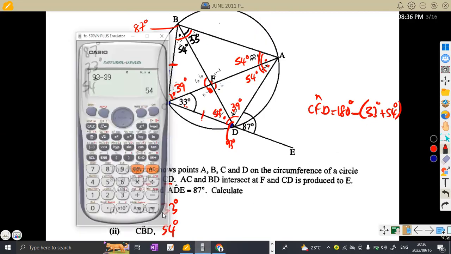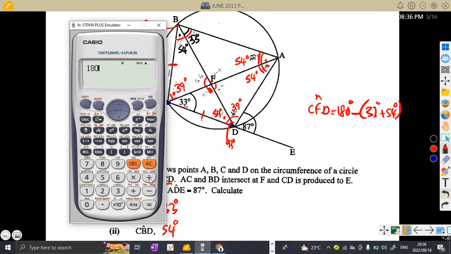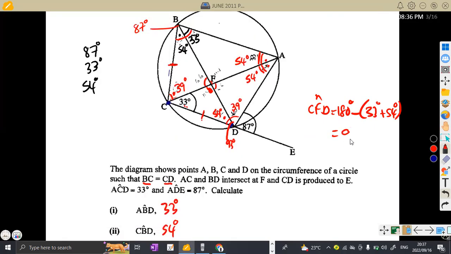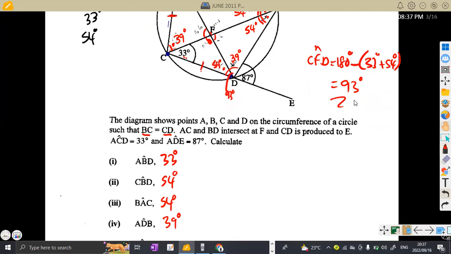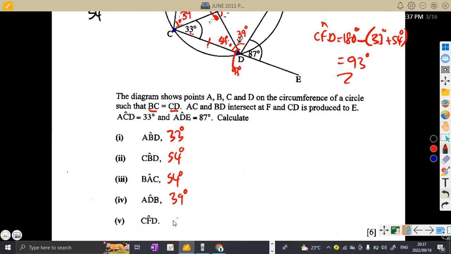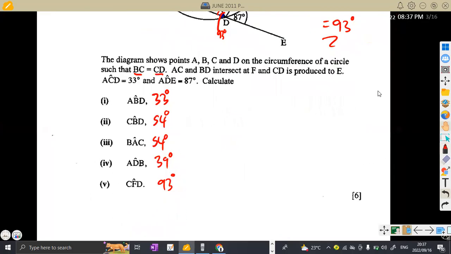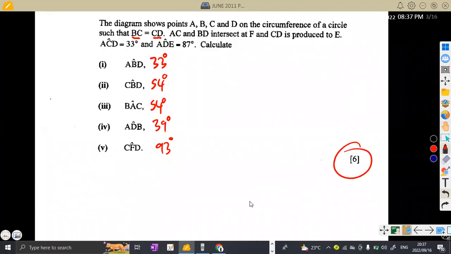Using your calculator directly, 180 minus open bracket 33 plus 54 gives us 93 degrees. So that's what we needed to obtain a total of 6 marks from this circle geometry.